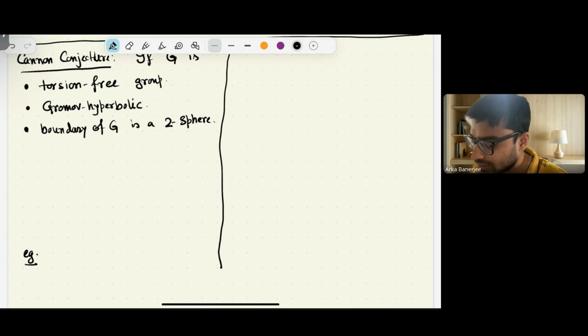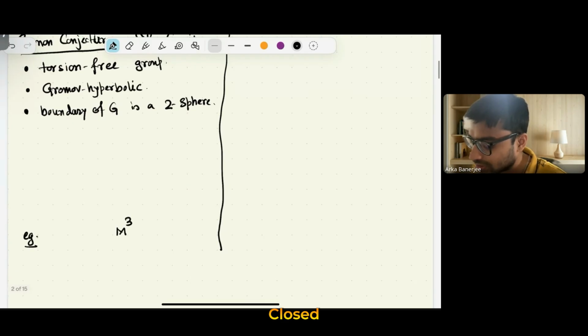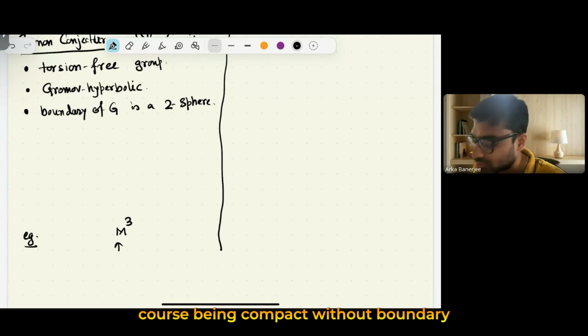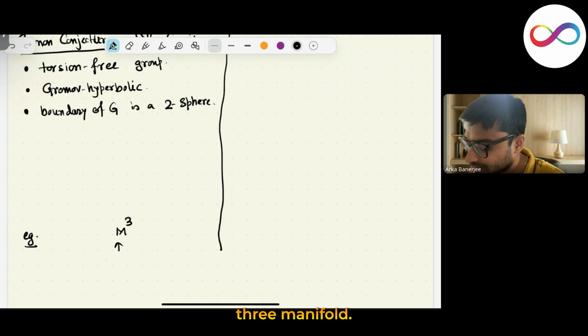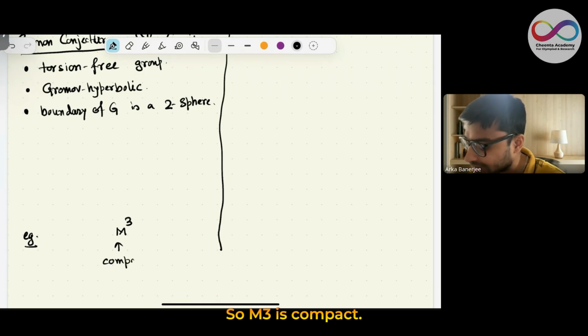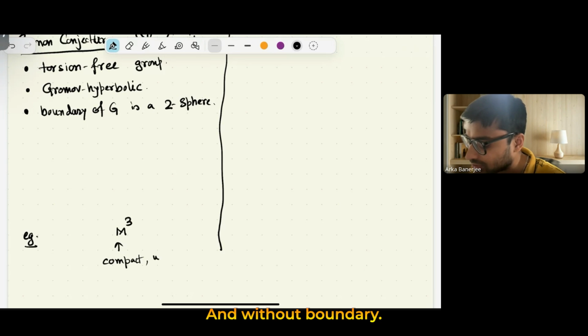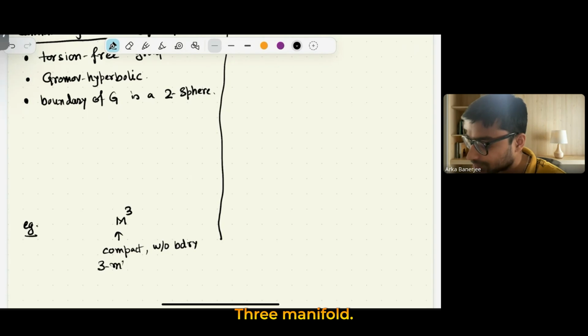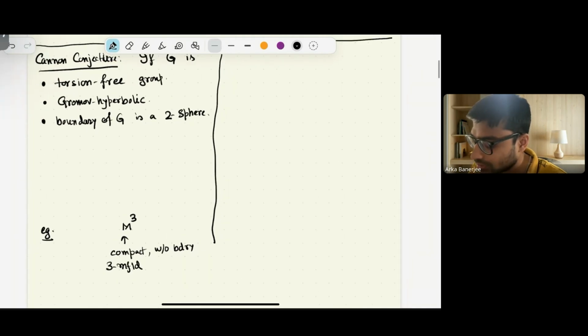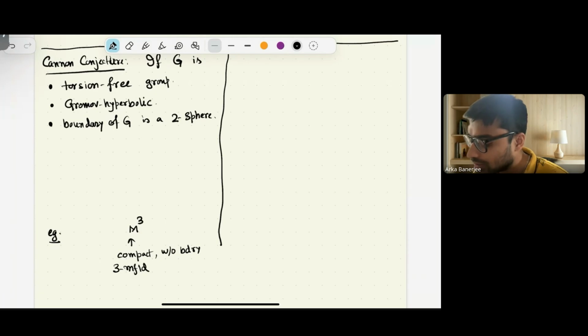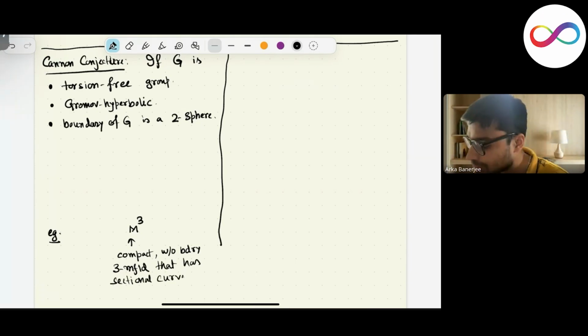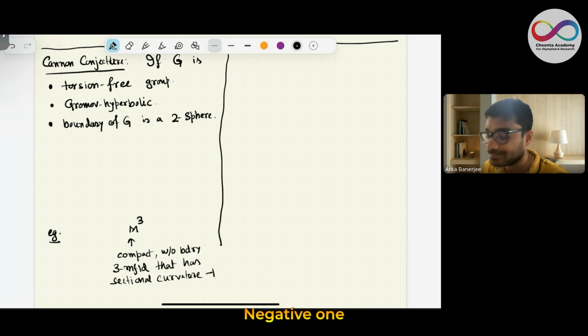Consider any closed, meaning compact without boundary, 3-manifold M3 that has sectional curvature -1.